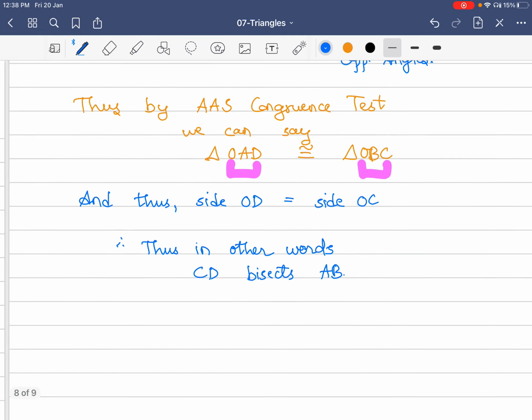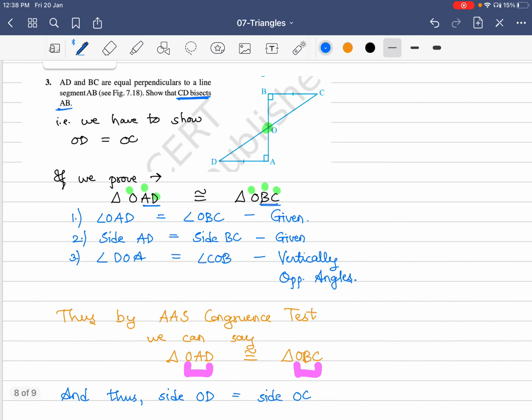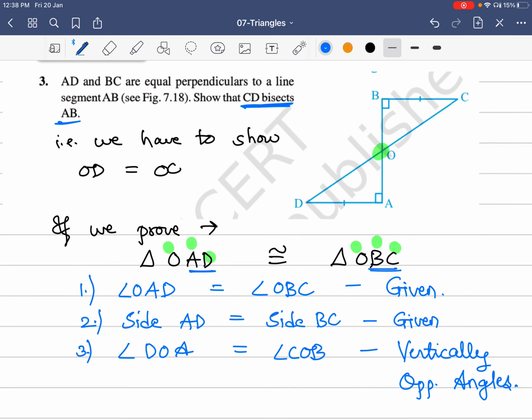So quite simple. Let us quickly revise how we approached this. First of all, we had to prove that CD bisects AB. We concluded that we have to show OD is equal to OC. That was the first important conclusion in our process of solving the problem.